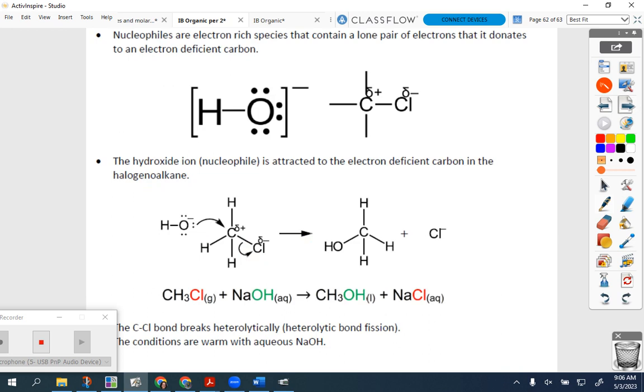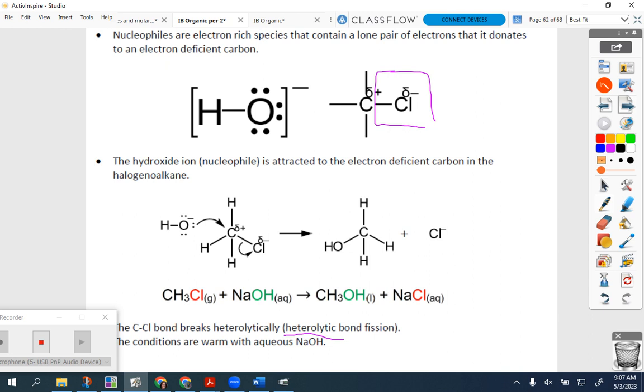cause a heterolytic fission where the bonding electrons between the carbon and the halogen are going to go with the halogen, all right? So this is heterolytic fission as opposed to the homolytic fission that started the halogenoalkane reactions, right?